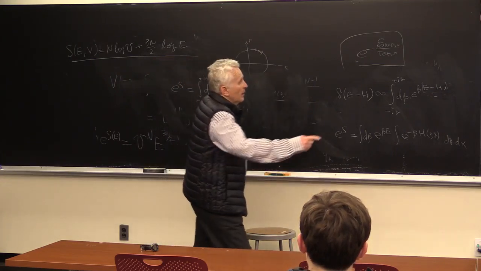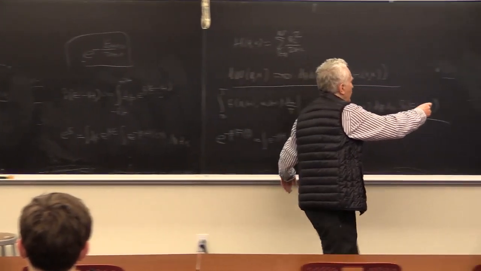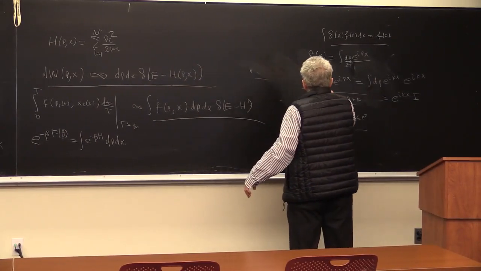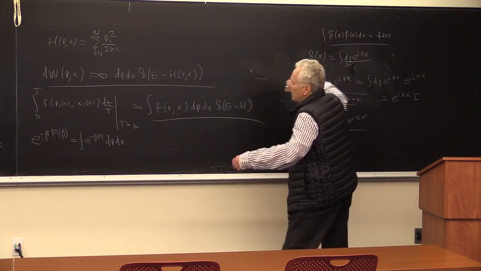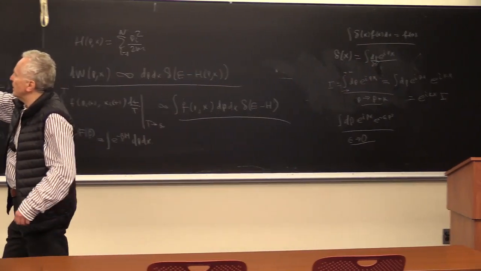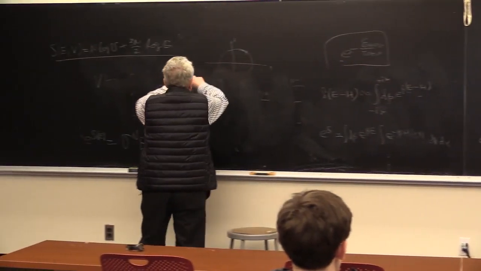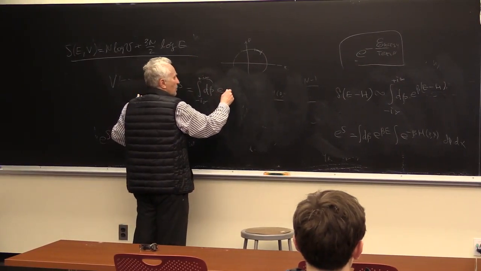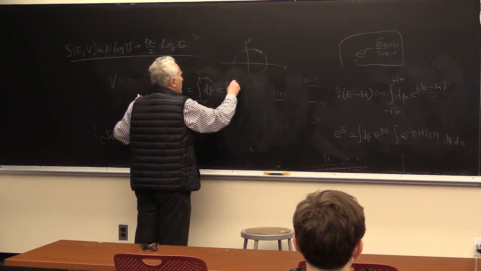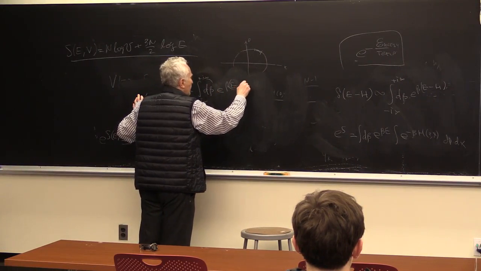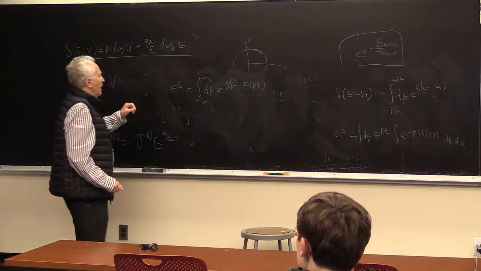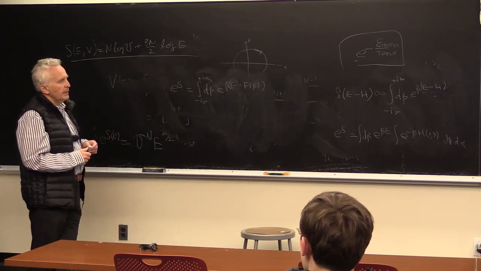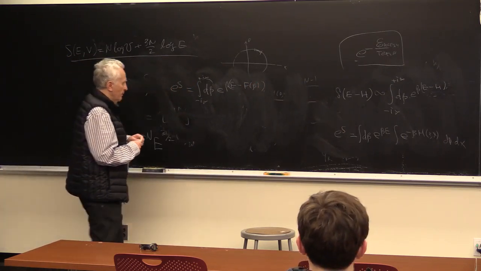By the way, here I integrate from minus infinity to plus infinity, but you can also change beta to i beta, and it will be literally the integral like that. That's a more convenient form. And we have to calculate this integral.